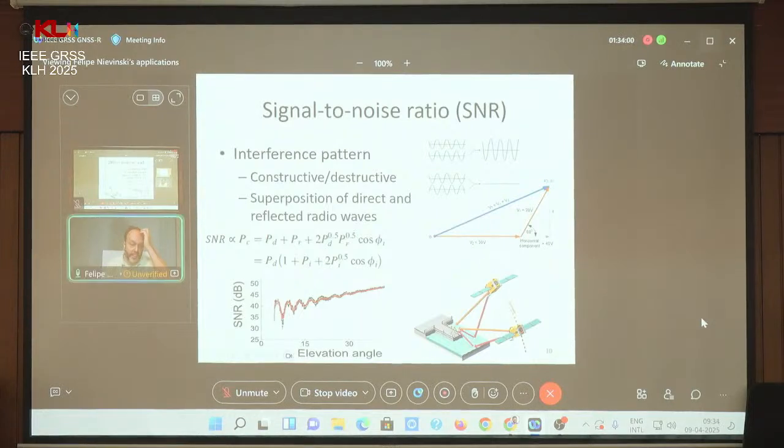So these antennas that we use in GNSS-R have been designed for positioning applications where the reflections are something to be avoided because they cause a positioning error. So your antenna position will wander randomly because of these reflections.